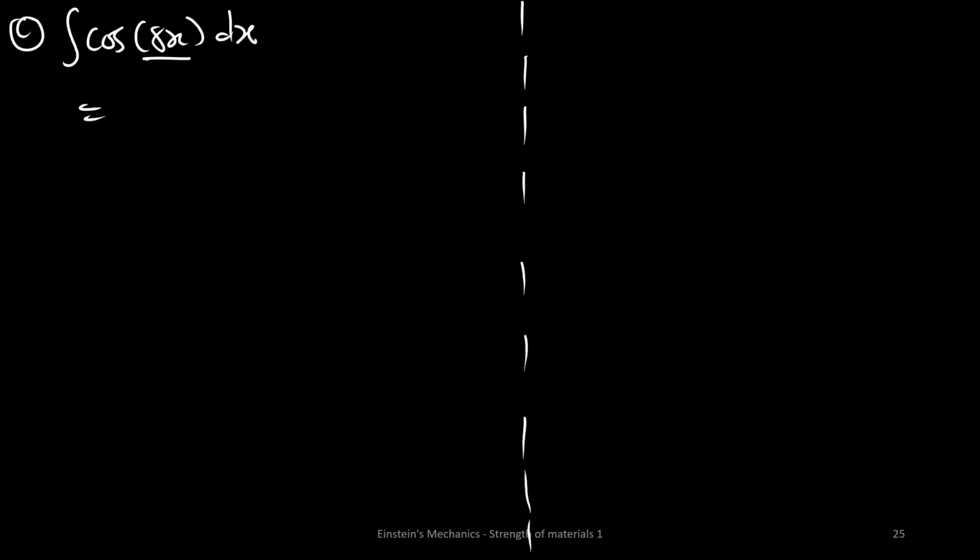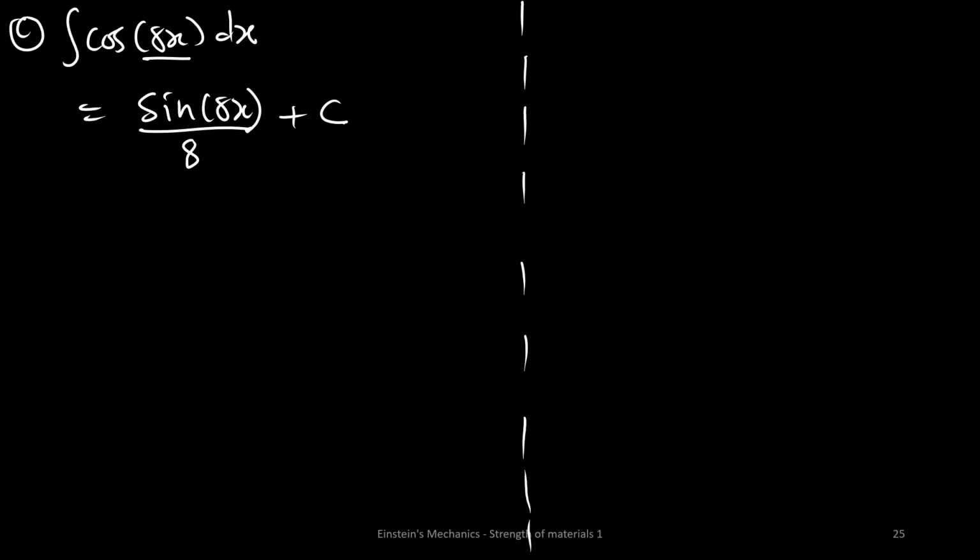The integral of cos of an angle is going to be sine of the angle, so we are going to get sine 8x. What about the 8 from the differentiation? We are going to divide by 8. So that is going to be sine 8x over 8 plus c. And this is the answer for this integral.